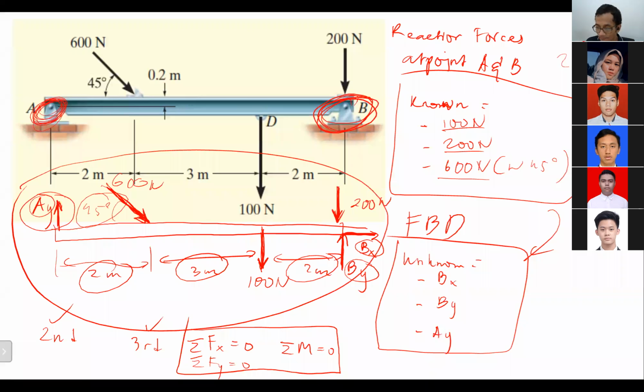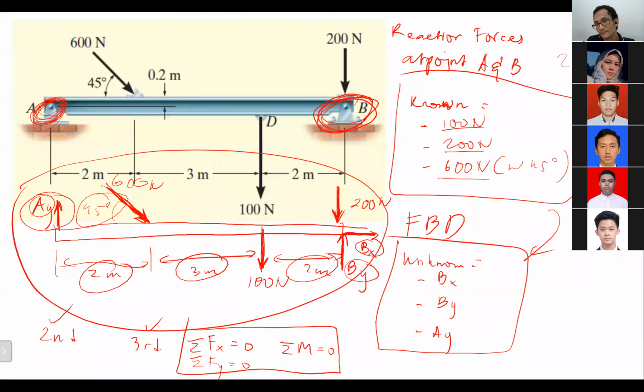Remember, if we have a certain number of equations, we can solve for the same number of unknowns, right? So if we have three equations, sigma Fx equal to 0, sigma moment equal to 0, sigma Fy equal to 0, can we solve for three unknowns?